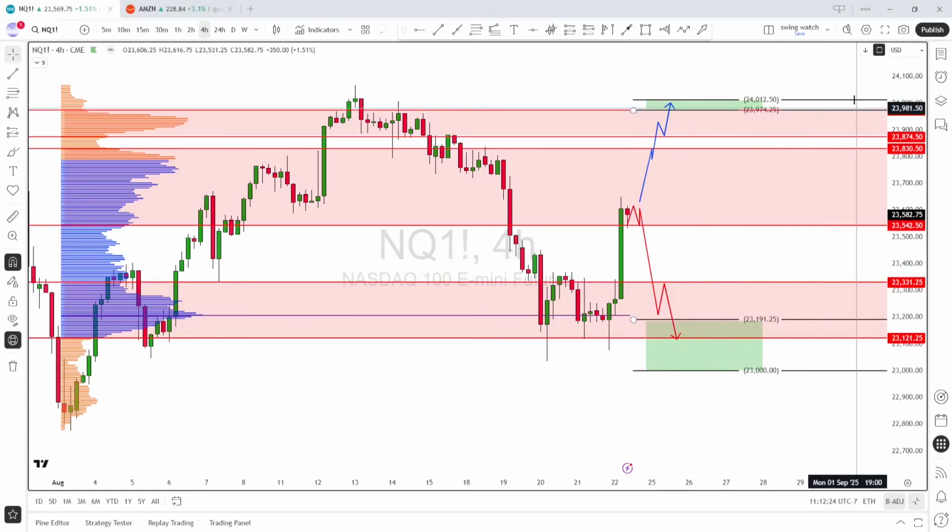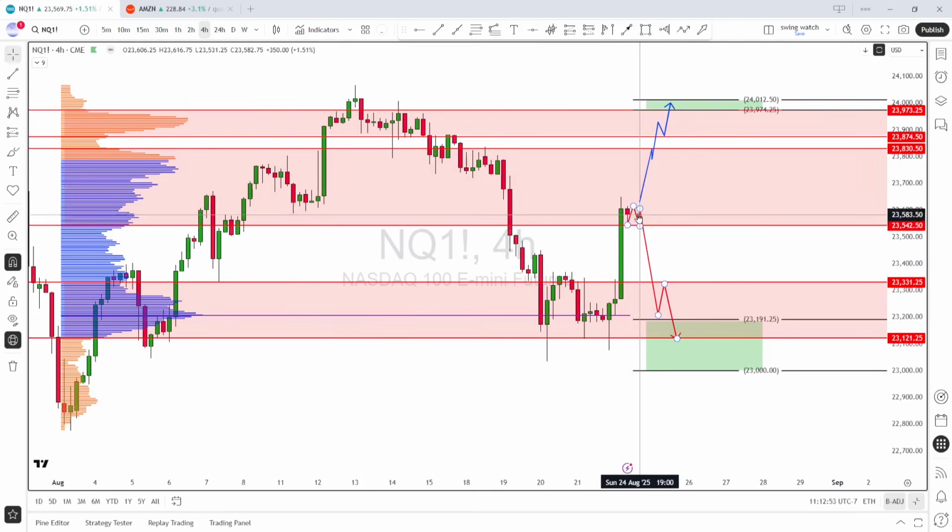And for the NQ, the market is pricing in the upper range between 24,012.50 and 23,974.25, and the lower range is 23,191.25 and 23,000. You can see that the NQ is actually sitting at the lower edge of this distribution, and we'll see whether it is able to hold this level, which is somewhere around 23,542.